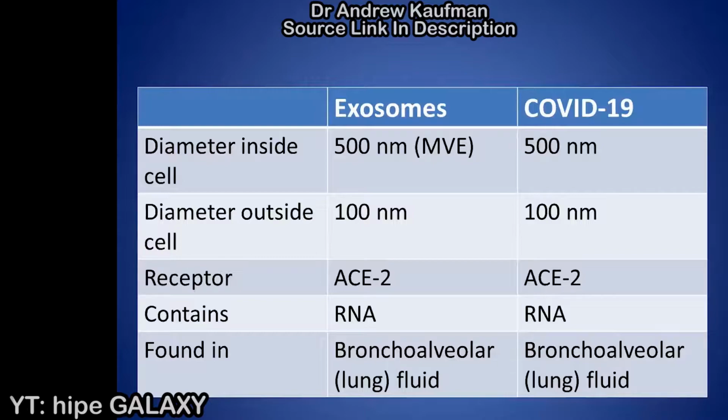And these structures are both found in the lung fluid. So the lung cancer test that I showed you earlier found exosomes in that fluid, and the lung fluid showed the COVID-19 as well. So you can see that the more we take this comparison forward, we see that they're essentially the same in every important way.